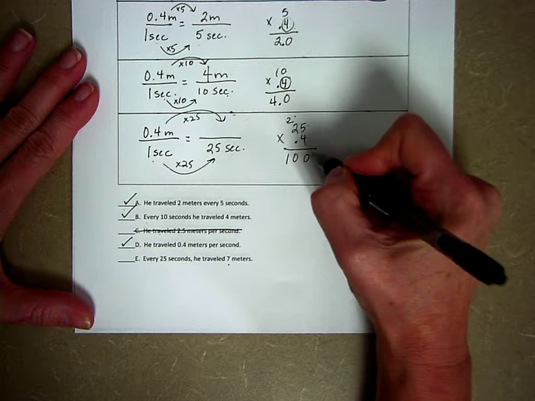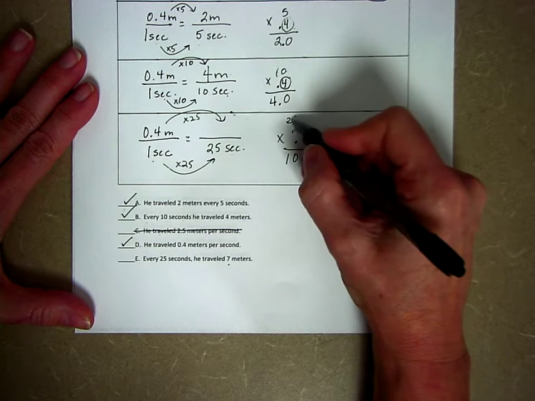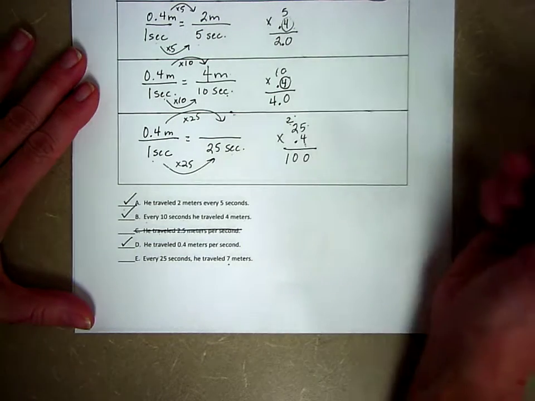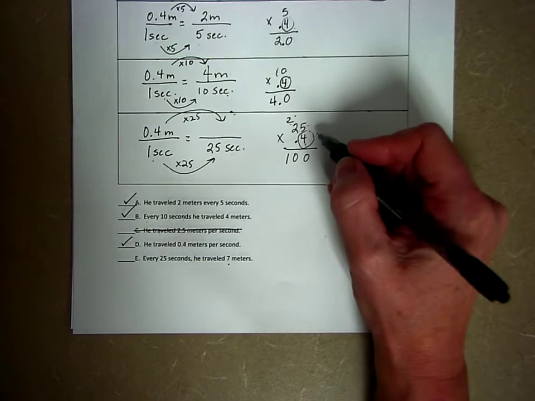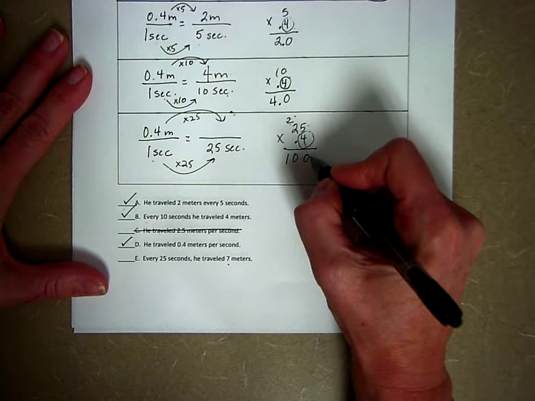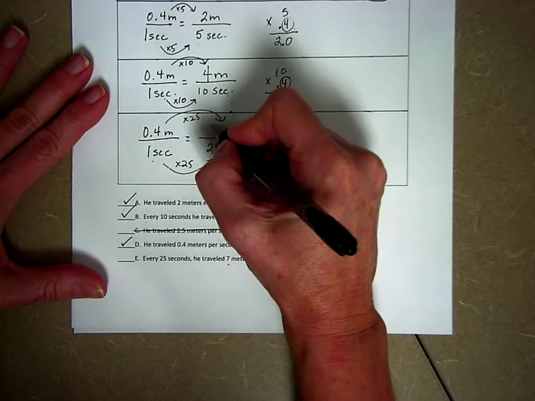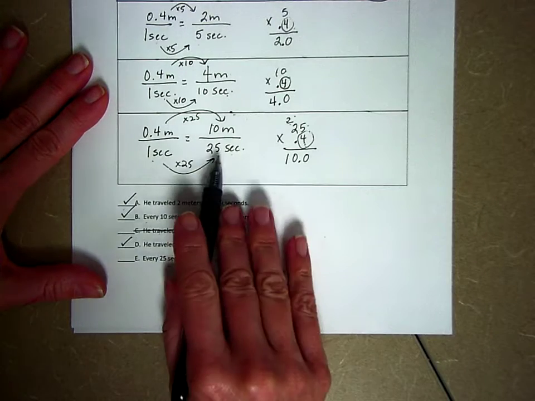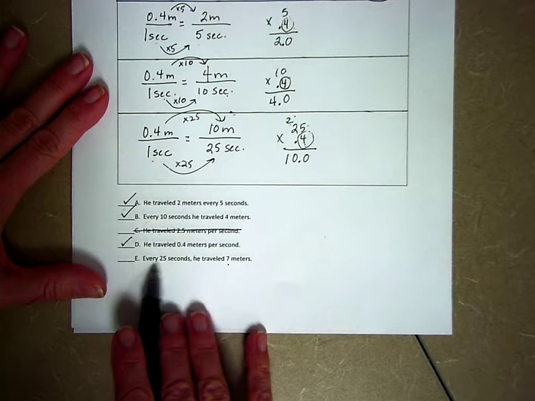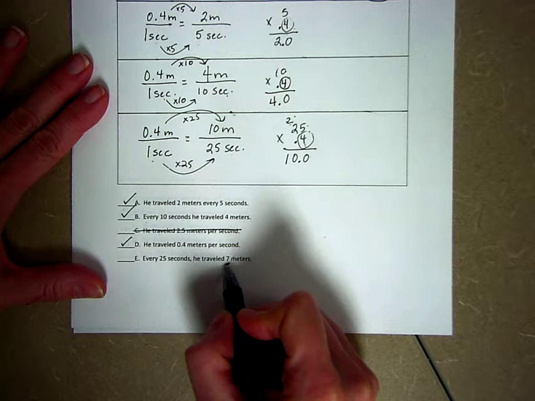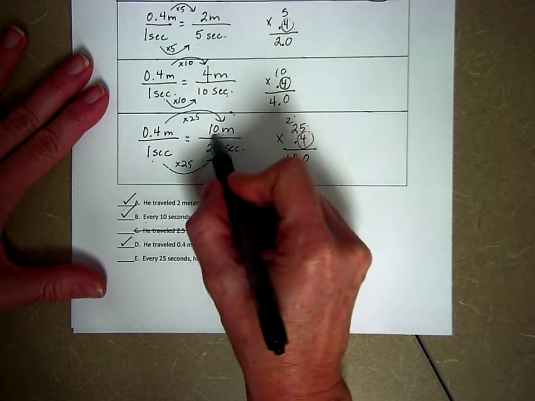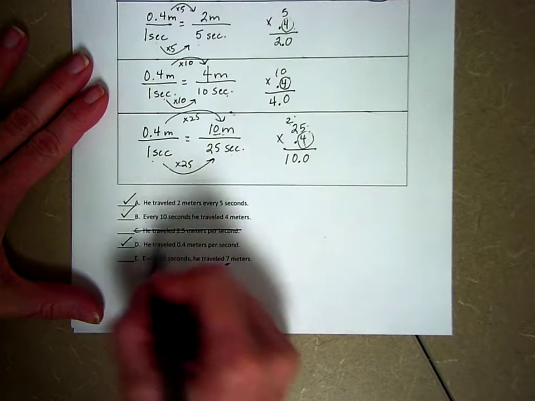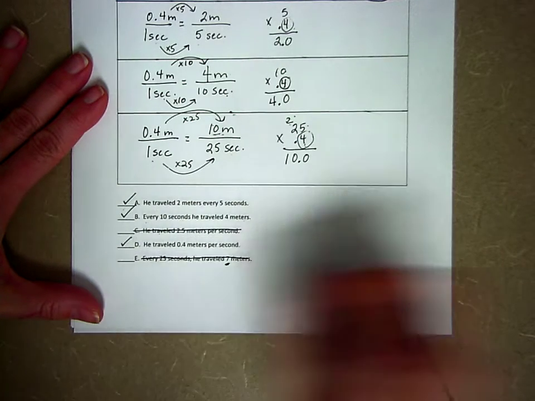Double check that. I have one digit to the right of the decimal, so I'm going to move one place to the left, and you get 10 meters, 25 seconds. That says every 25 seconds he traveled 7 meters. It should be 10. Okay, so that is not true.